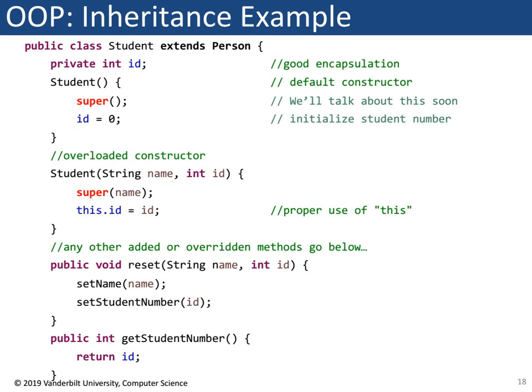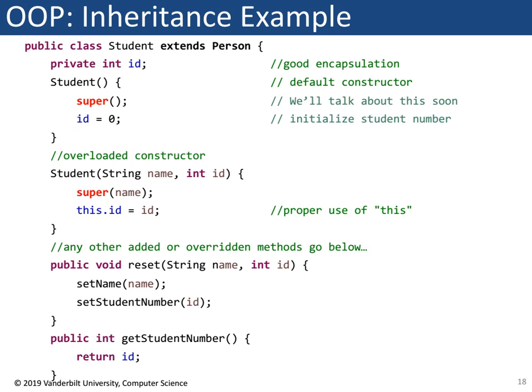And then we also have student-specific methods. These are methods that we don't have in the Person class, but we are going to add to this Student class. First is called reset, which is going to set the student's name and student ID. We can pass it the name and ID, and this will reset the student's information.